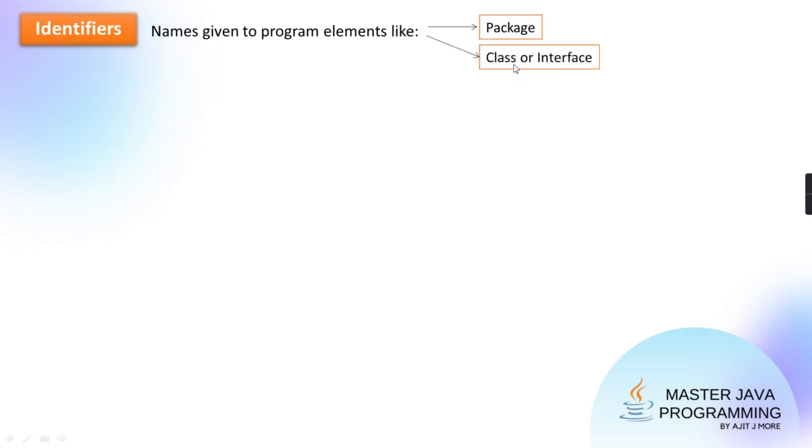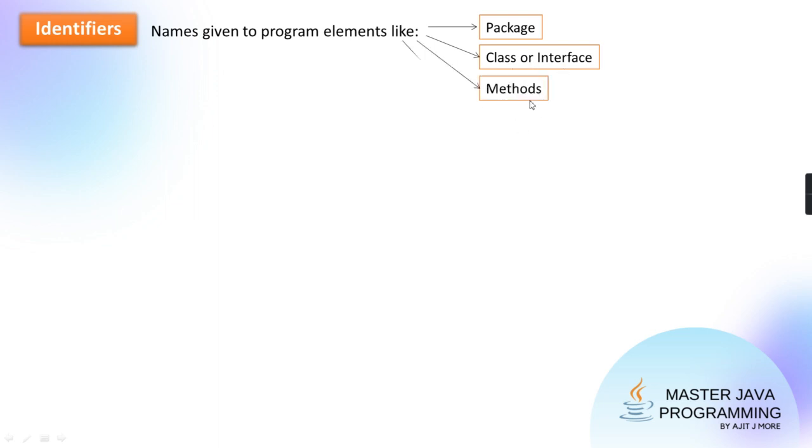So always you have to follow the identifier naming rule. Now what are that identifier naming rules? That also I'll tell you. But before that, we will just talk about what is identifier. So I hope you have understood it. Okay, it is a name given to program elements. What are that different program elements? Human created elements, programmer created. Package, when you create your own package, you have to give the name to the package. Class or interface, when you create an interface or a class, you have to give the name to it.